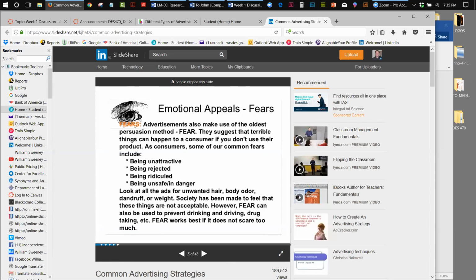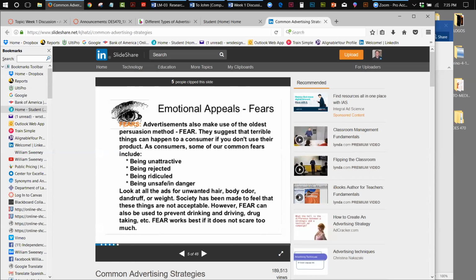As consumers, some of our common fears include being unattractive. Very true. Being rejected, being ridiculed, being unsafe, or in danger. All these are, and at one time or another, I'm sure everybody has felt unattractive. Everybody has felt rejected. Everybody has been ridiculed or is afraid of being ridiculed.